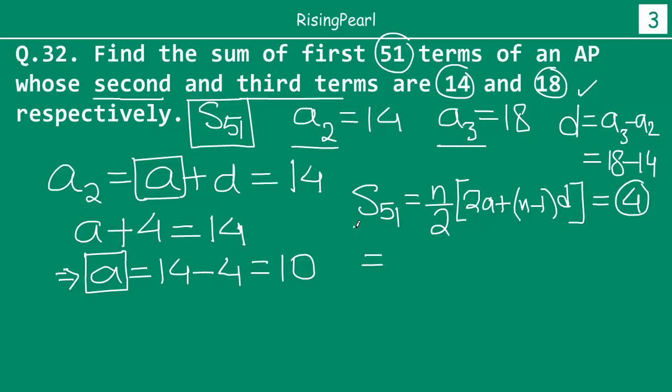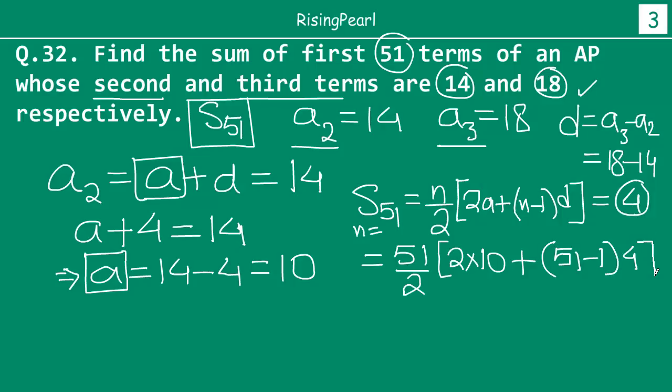So it will be 51 divided by 2 times 2 times A, which is 10, so 2 times 10, plus n minus 1, which is 51 minus 1, times D, which is 4. If we just solve this, it will be 51 by 2 times 2 tens are 20 plus 51 minus 1 is 50, and 50 times 4 will be 200.